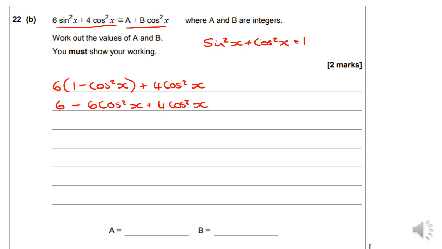We're starting to look a little bit more like the right-hand side of the identity. So we've got a constant here, -6 cos squareds, add 4 positive cos squareds would be -2 cos squared x. So A is 6 and B is -2.